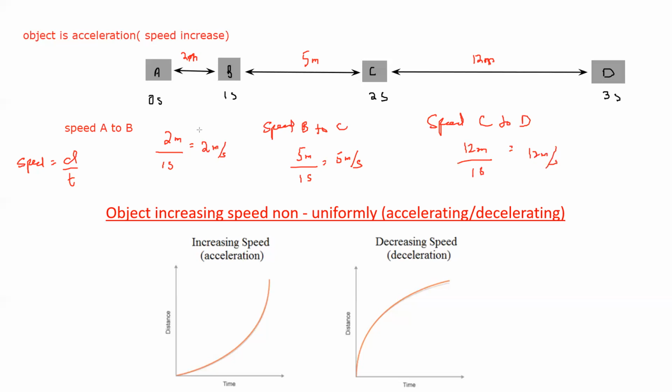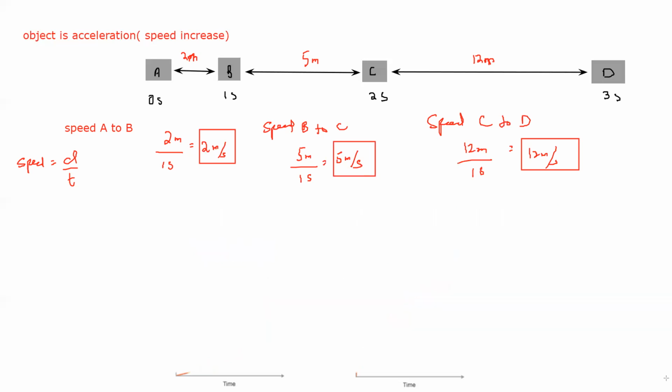Whenever the speed of an object is increasing, we say this object is accelerating because the speed is increasing. And when we sketch a distance time graph for this object, is it clear with numbers?